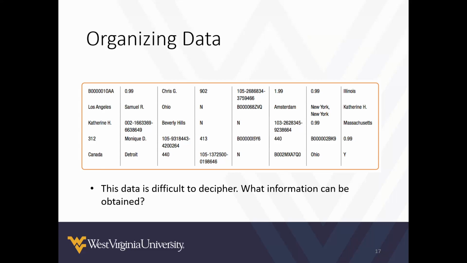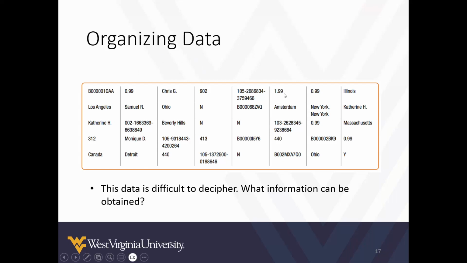It is very important for us to organize our data set in a logical manner. Taking a look at this data set, what do you see? Personally, I find this data set pretty hard to understand. I see state, country, names, random numbers, not even consistently random numbers.